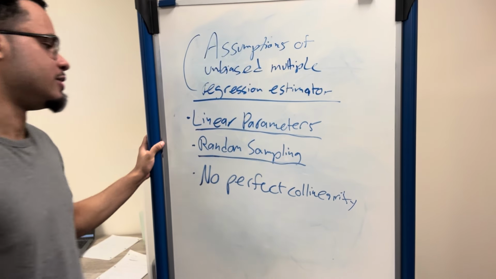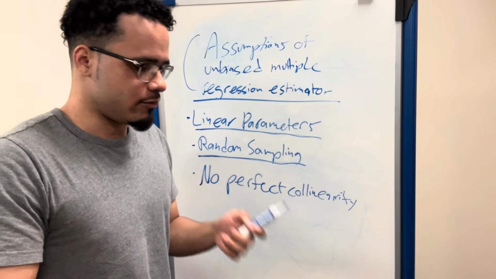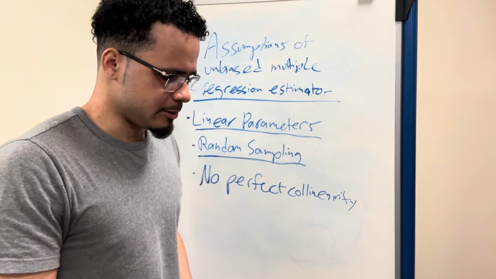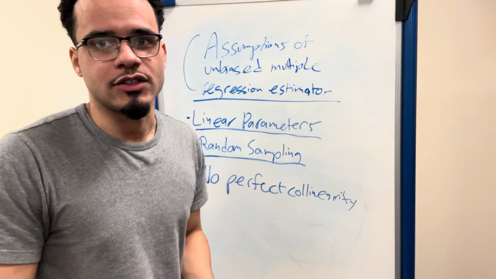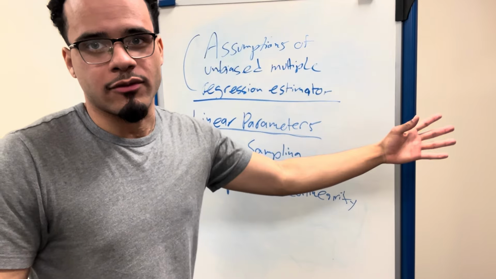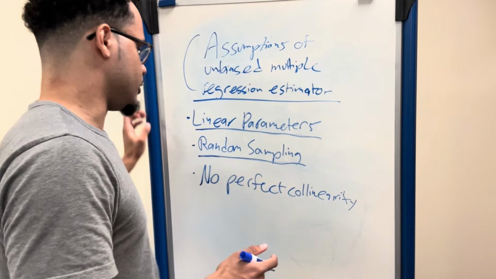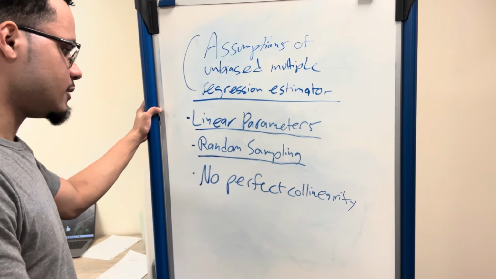what's called perfect collinearity. Perfect collinearity is when we have, for example, 2 explanatory variables, and essentially we can make linear predictions of one variable from the other. So there's a perfect linearity between the two variables.